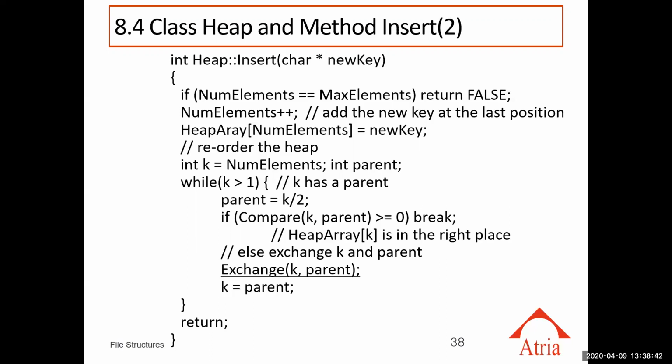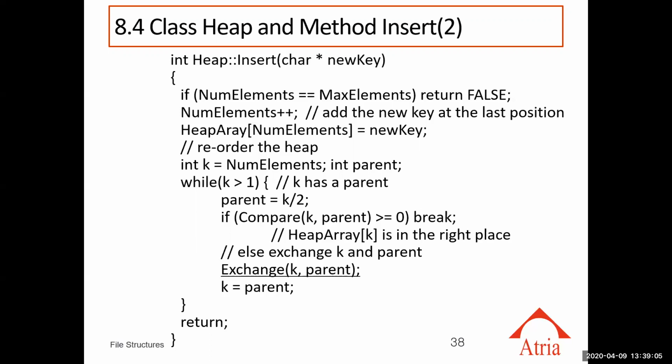If it is false, then we increment number element, because we added a new element, so the size is incremented. Then new key is assigned to heap array of new element. So the heap array is added with the new element.